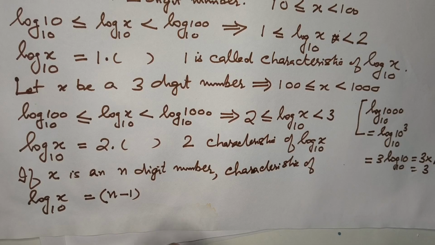Put it in the reverse format. If you find out the logarithm of a number, and if you can see the characteristic from that, the number of digits will be 1 more than the characteristic. Characteristic will be 1 less than the number of digits, and the number of digits will be 1 more than the characteristic. Now let's come to the actual problem.